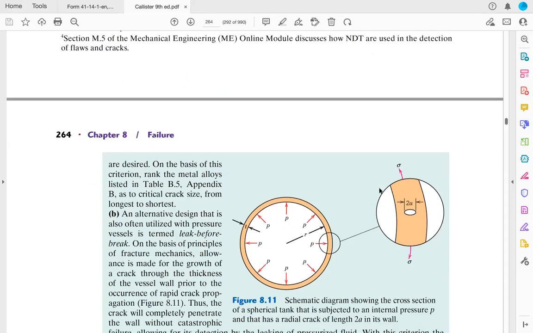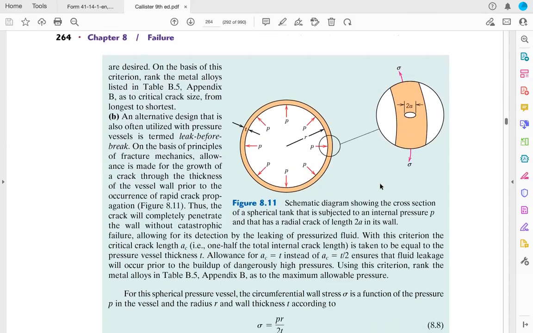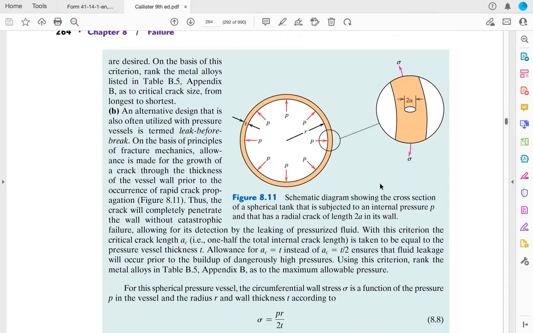Okay, and then the second one, the alternative design, is called leak before break. What if the pressure tank has a crack that runs through the thickness?